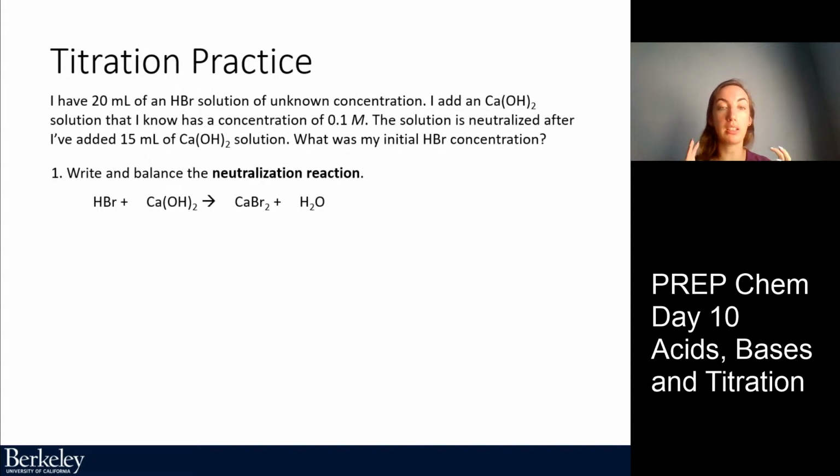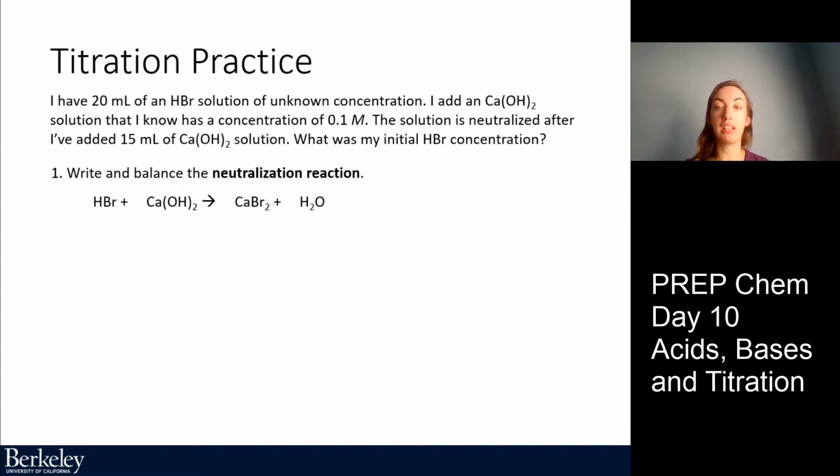When you're writing these neutralization reactions, you always have to make sure that the molecules you're making are possible. So CaBr is not real. That can't happen because Ca wants to be +2 and Br wants to be -1. This is just like early on in the course when we asked you what will be the composition of a compound made of Ca and Br, and you needed to use those valence electrons.